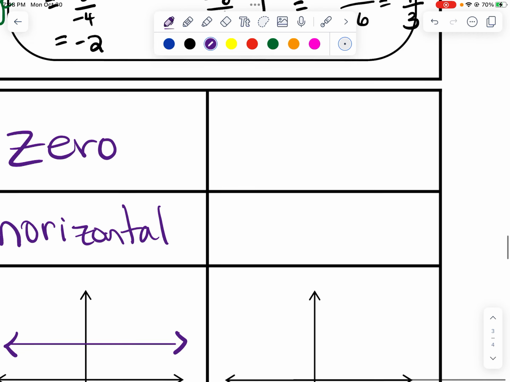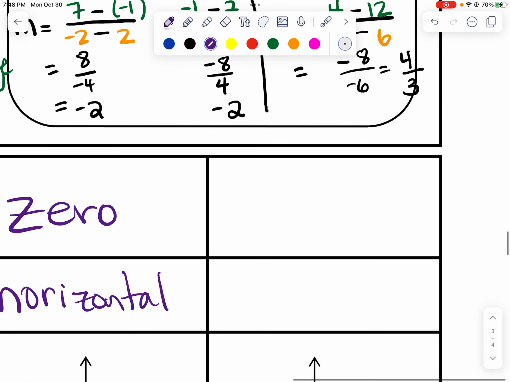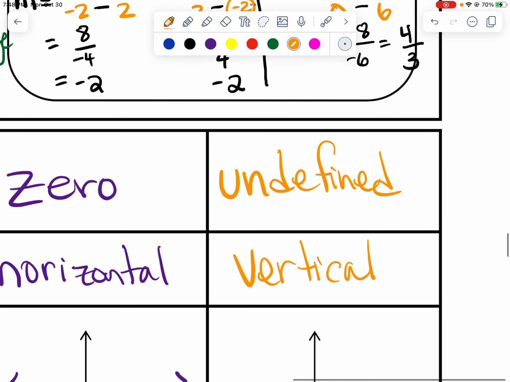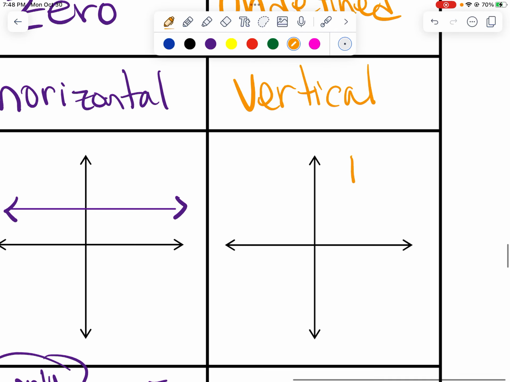Okay, last group. What color haven't I done? Blue, this one. Now we have an undefined slope. This is a vertical line, like so.